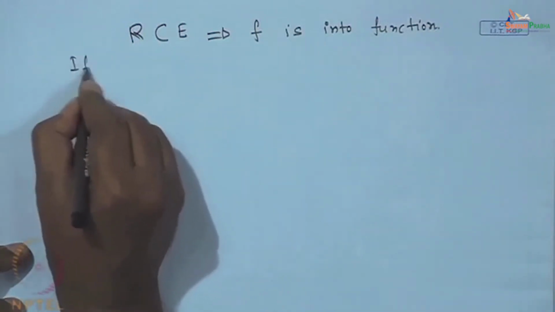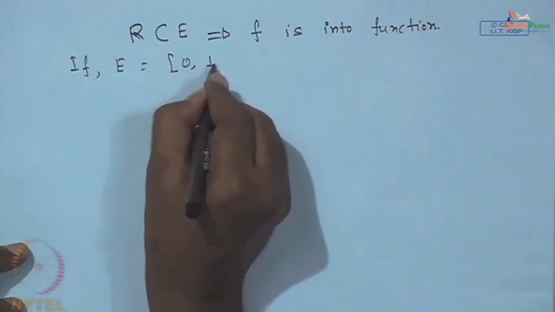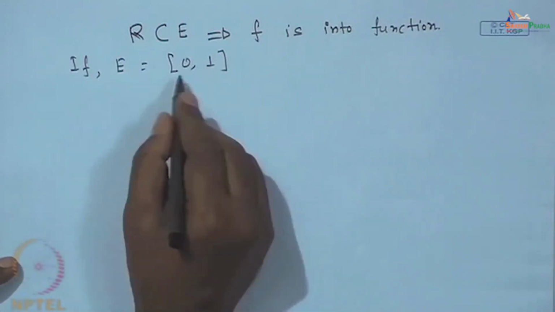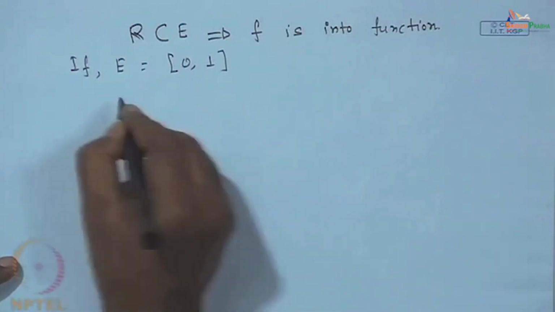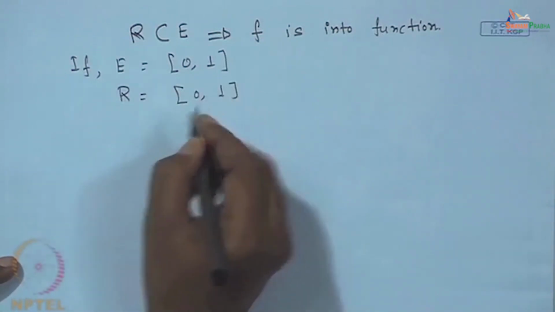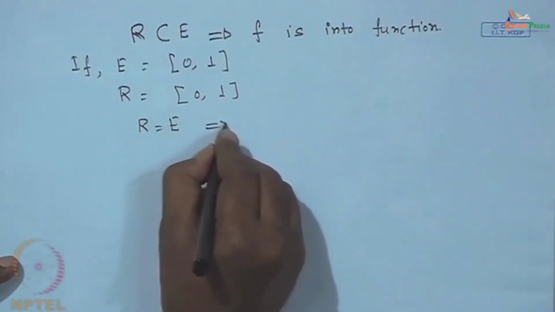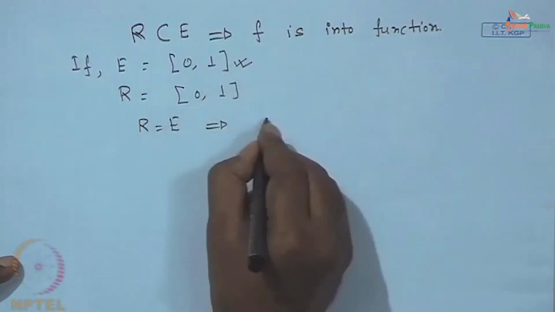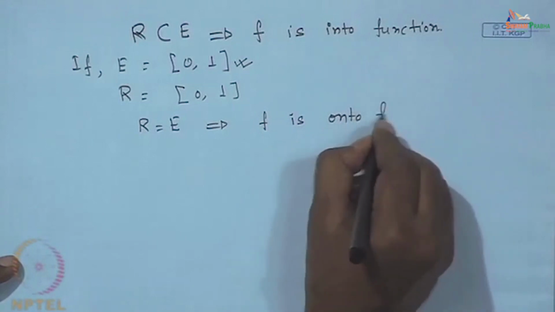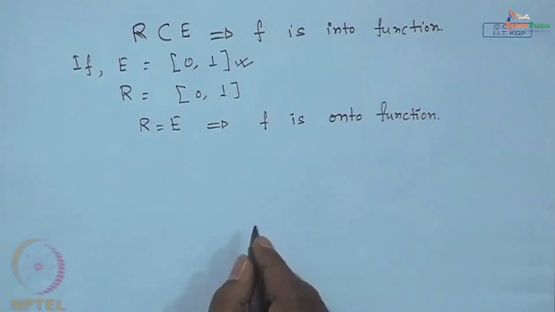If we define the E set as from 0 to 1, we have already seen the R set is also from 0 to 1. So, in that case, R is equal to E. So, therefore, for this definition of E set, f is an onto function.